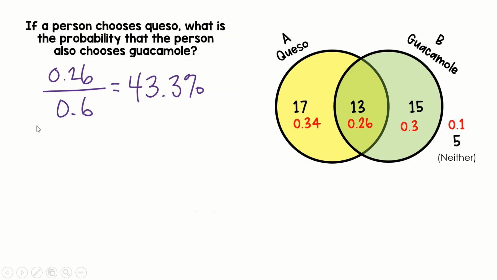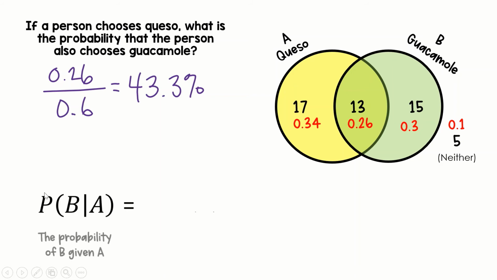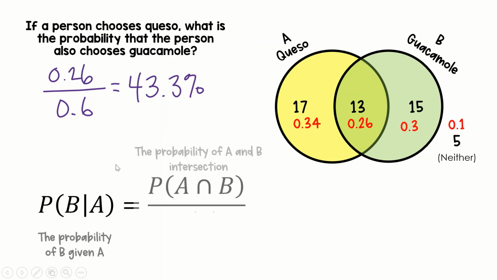If we're going to write this with the proper notation, we would write it like this: the probability of B given A. So what's the probability that someone chooses guacamole given that they have chosen queso? And if we look at how we found our answer here, we can come up with the formula. In the numerator, we want the probability of A and B, or the intersection.